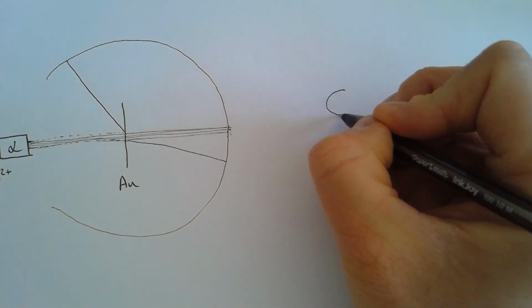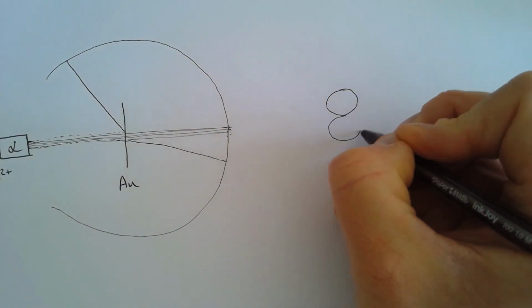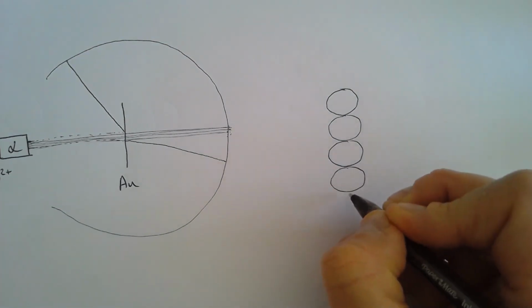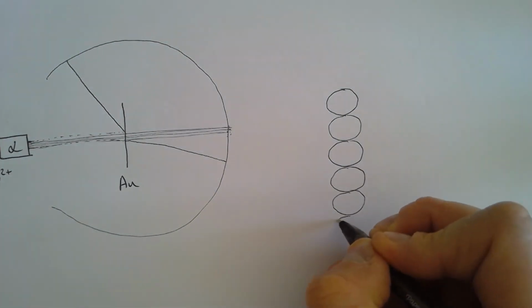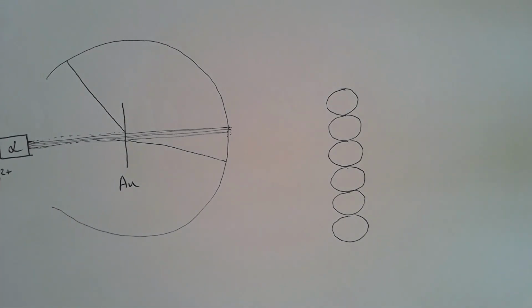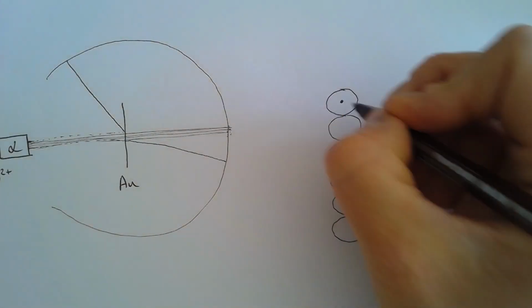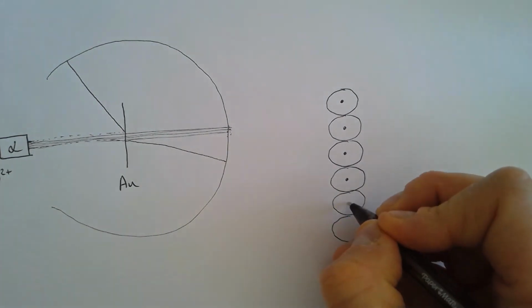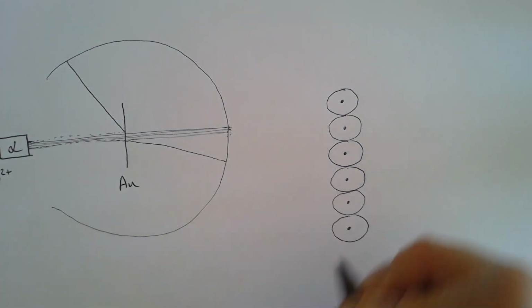I'm actually just going to do this for one single layer of gold, although it was probably 2 to 3 atoms thick. So here's some gold atoms. Here's their, now we understand it, very, very small, very dense, positively charged nucleus.